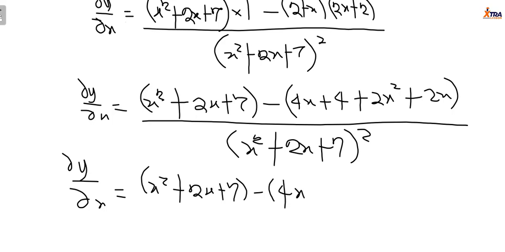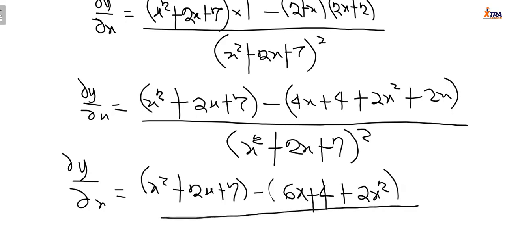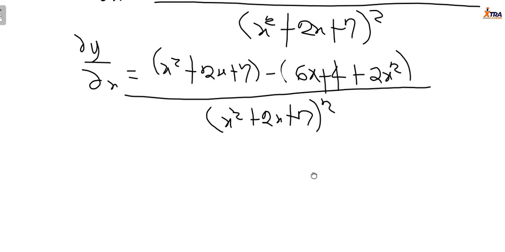So 4x plus 2x, we have 6x, plus 4 plus 2x squared, over x squared plus 2x plus 7 all squared. So let's simplify.